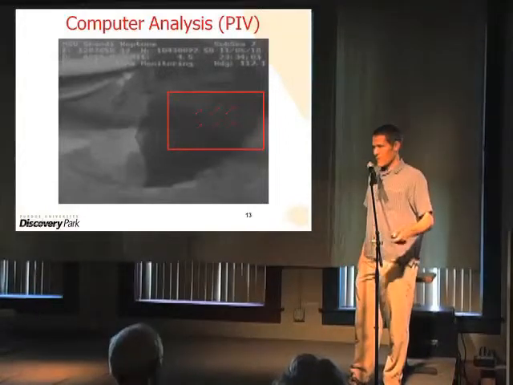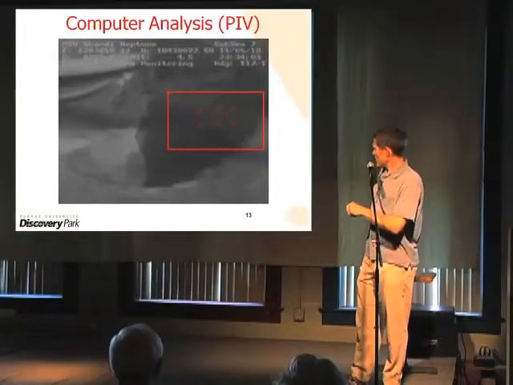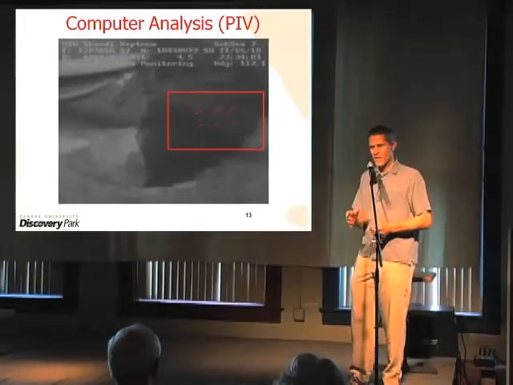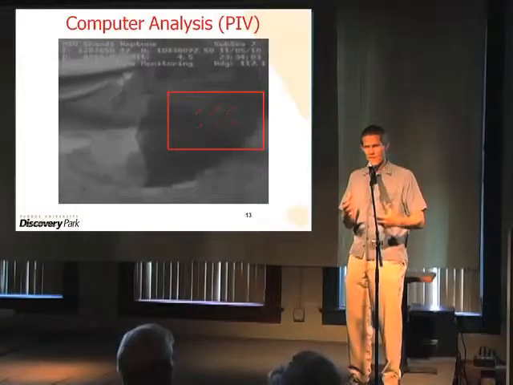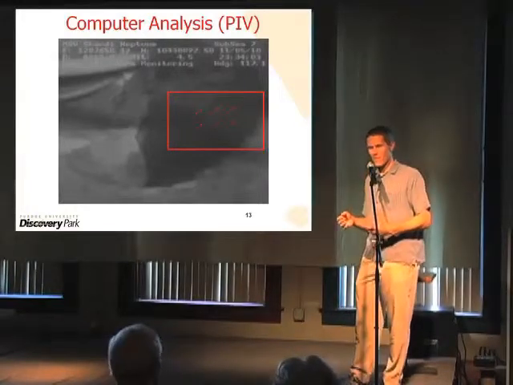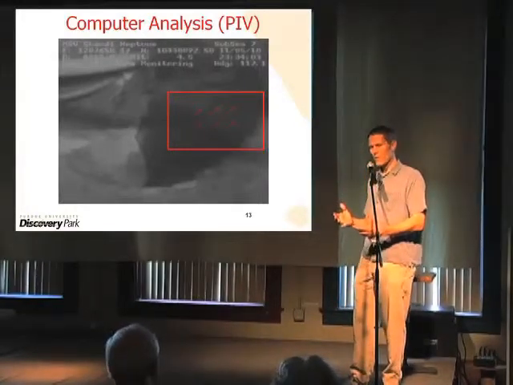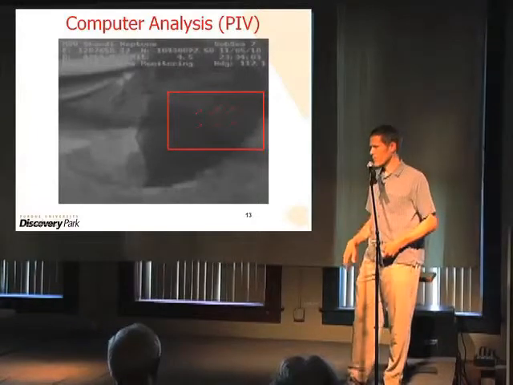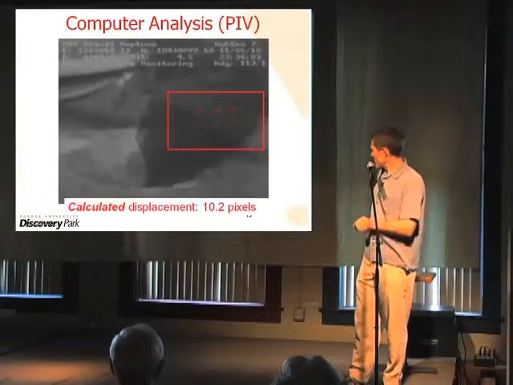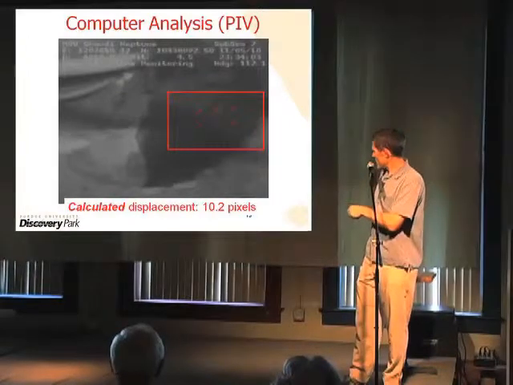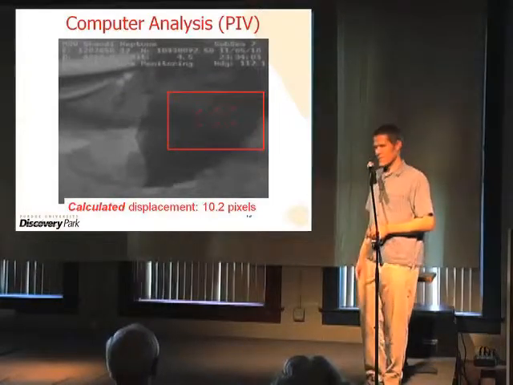Which means that if I know the speed of the outside of the jet, and I assume that's the average speed of the jet, that's a safe assumption to make. It's going to be a conservative assumption. It's going to give me a number that's lower rather than higher than the real value. I happen to calculate that displacement was 10.2 pixels.